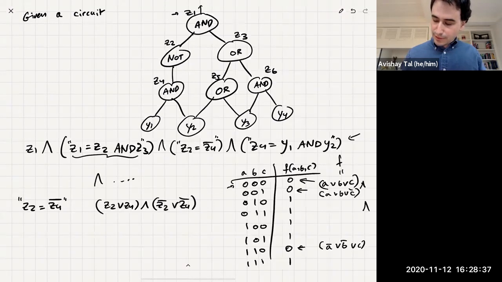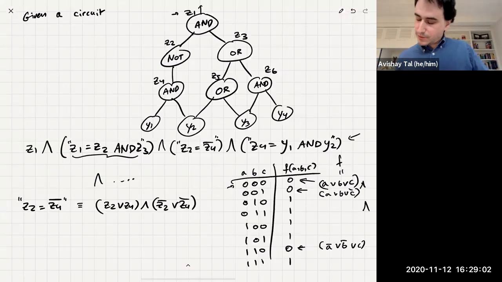So these two things are equivalent. Let's see that they're equivalent. Let's say Z2 is 0 and Z4 is 0.